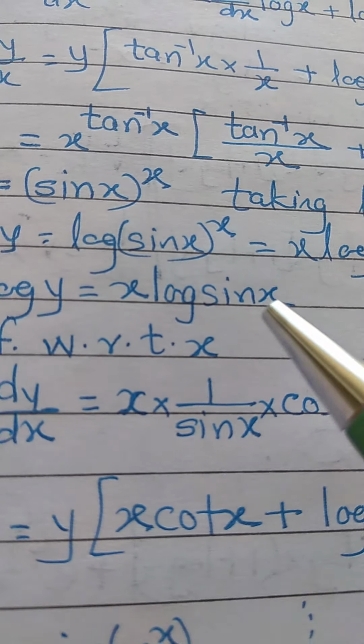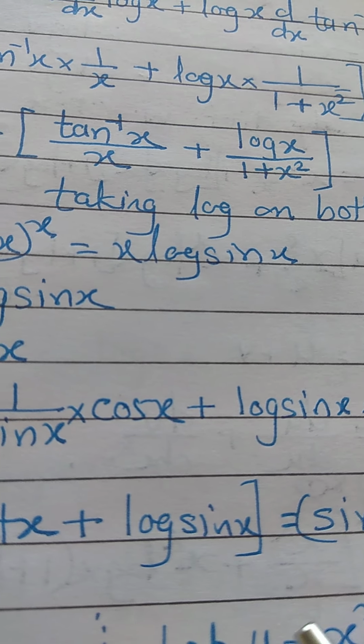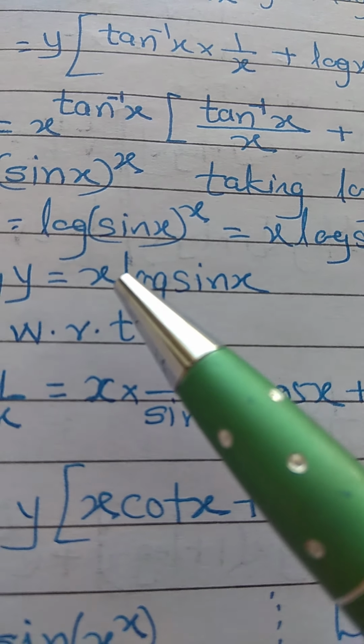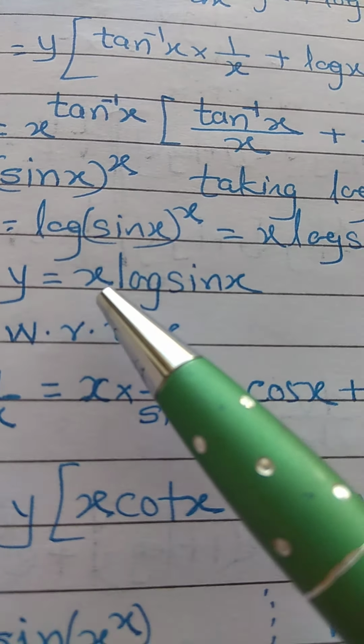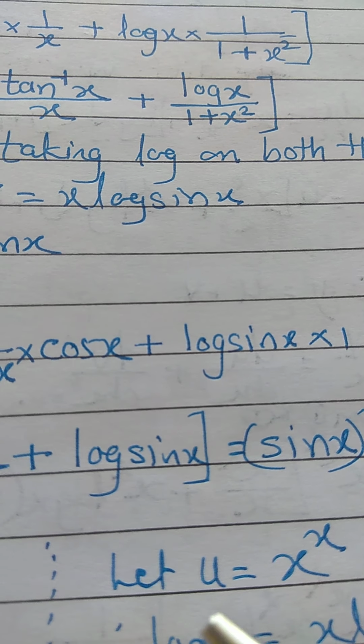Now this second function log of sin x is as it is, and derivative of first function, that is derivative of x, is 1 here. This 1 upon y will go to that side and will become into y. x as it is, cos upon sine will give you cot of x, log of sine of x as it is.